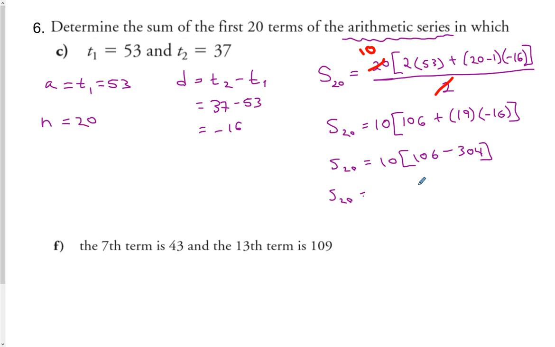When we subtract our two terms in the brackets there, we're going to end up with negative 198. And then we multiply it by 10, negative 1,980 is the sum of our first 20 terms in that sequence. So we can see that it starts out positive, but very quickly it goes negative, and so you're adding up a lot more negative than positive numbers.